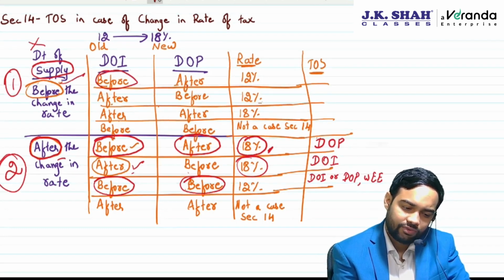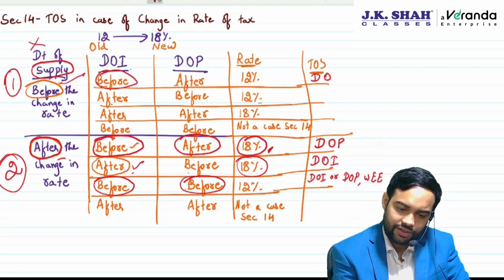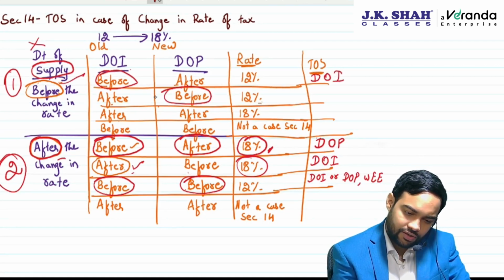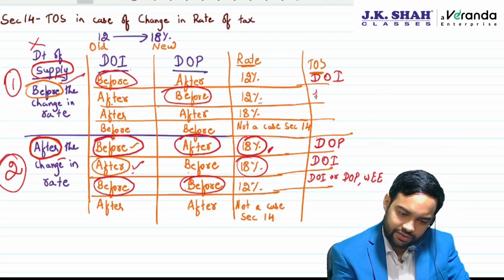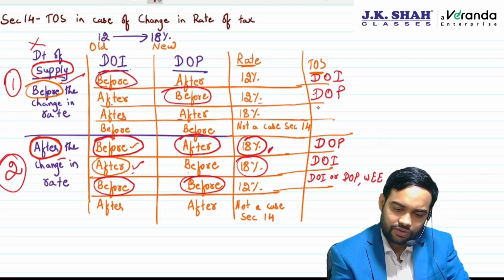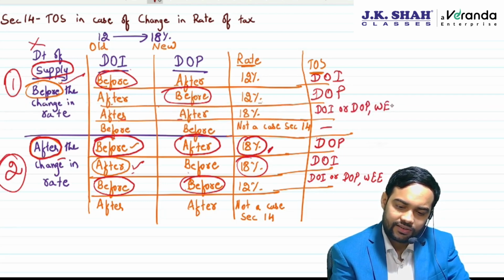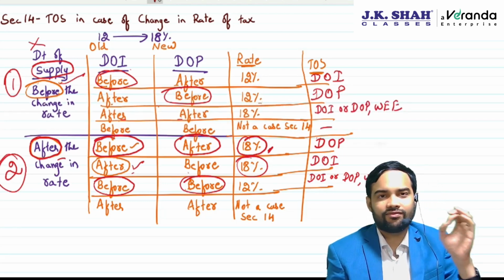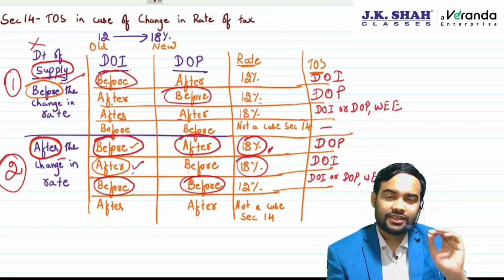Two events are before, you will use date of invoice. Here you will use date of payment. Both are after, you will use date of invoice or date of payment, whichever is earlier. So this is how you derive the time of supply under section 14.